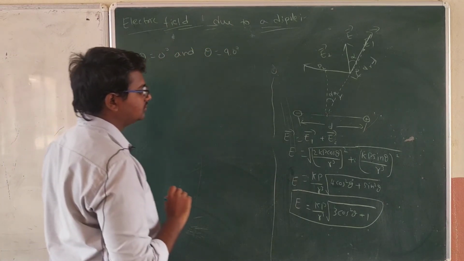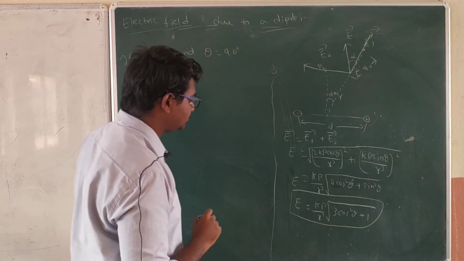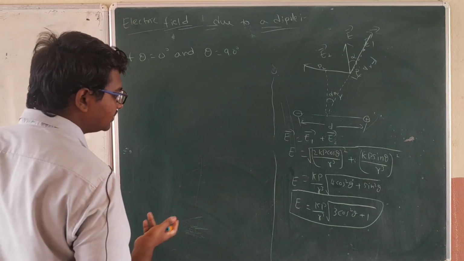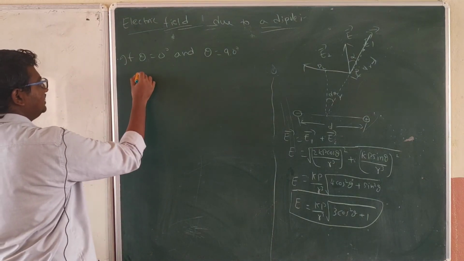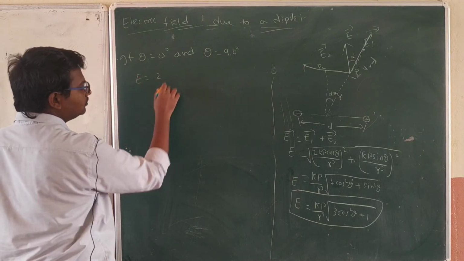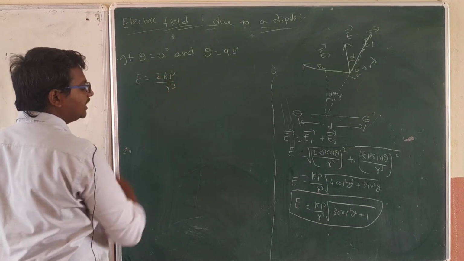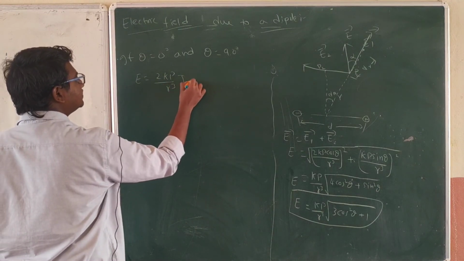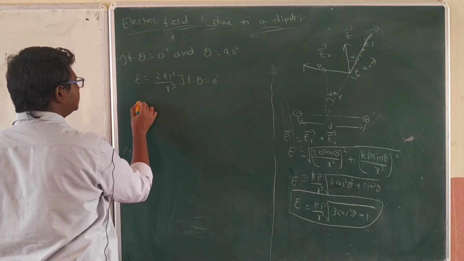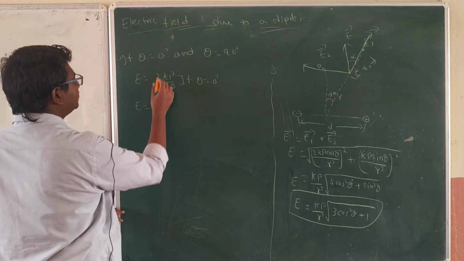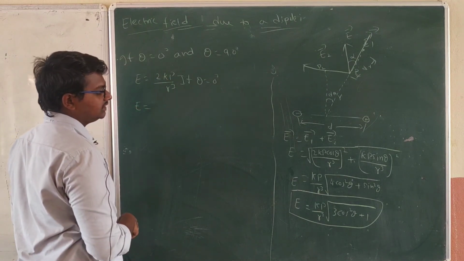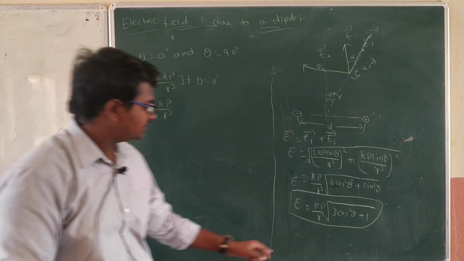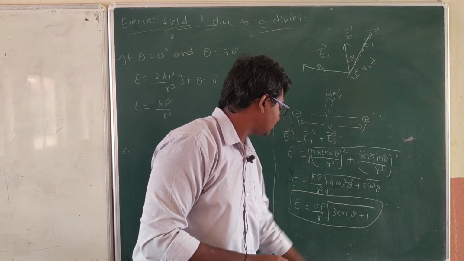If theta is equal to 0, substituting theta equals 0 in that equation, cos 0 is 1, that is 3 plus 1, that is 4, under root that is 2, so E is simply 2 Kp by r cube. Next, if theta equals 90, cos 90 is 0, so this value becomes 0, under root 1 is 1, that is E is equal to Kp by r cube.